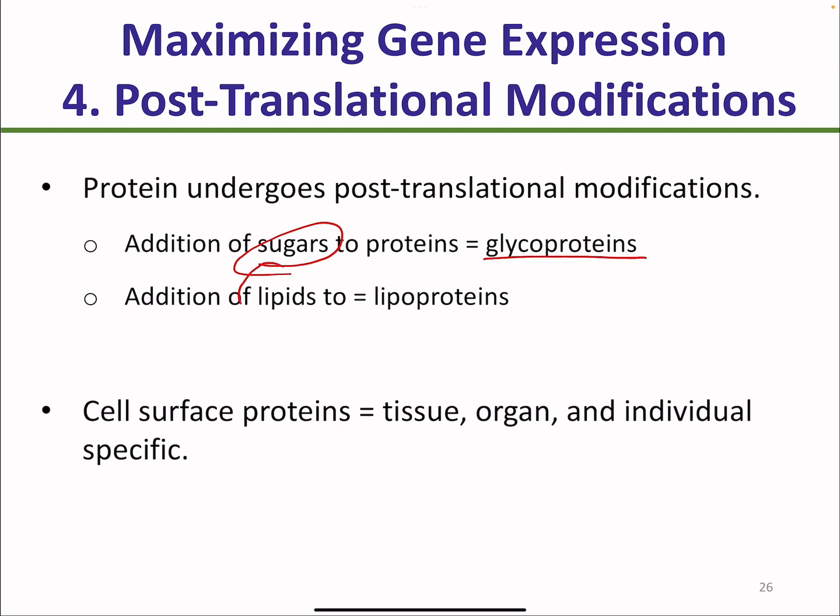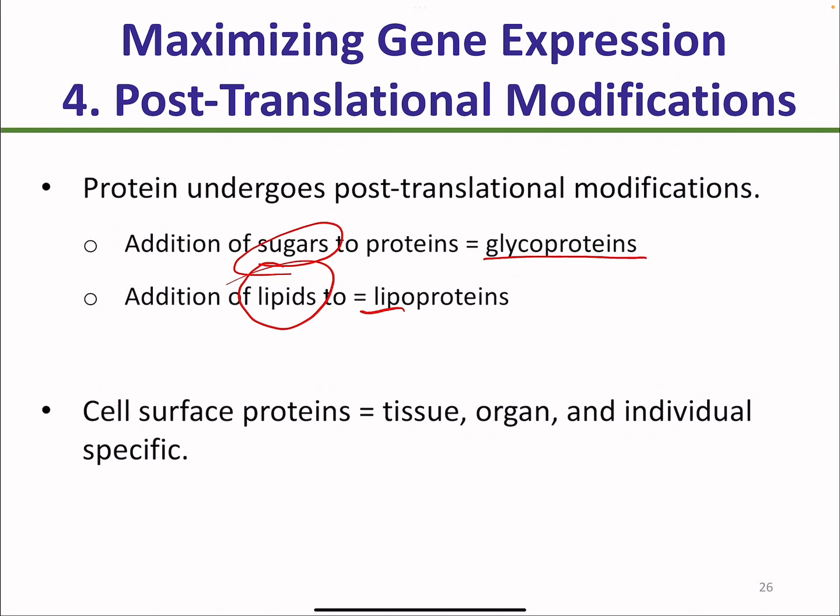These residues can be lipids, in which case we call the protein a lipoprotein. Glycoproteins and lipoproteins are very much found as surface markers of cells. These surface markers show the specificity for a particular tissue, a particular organ, or a particular individual.